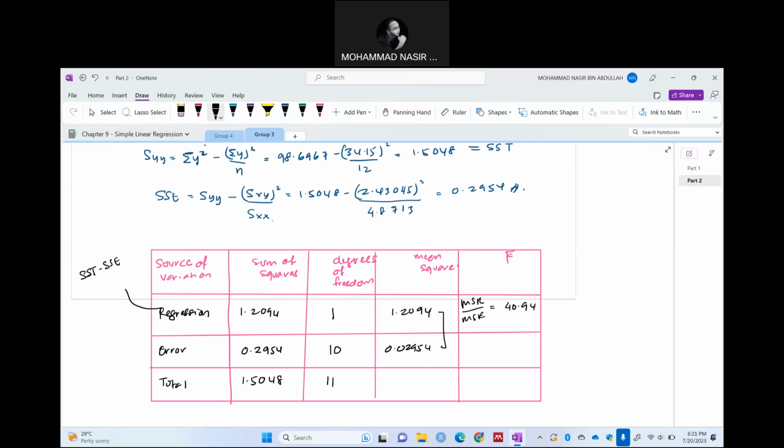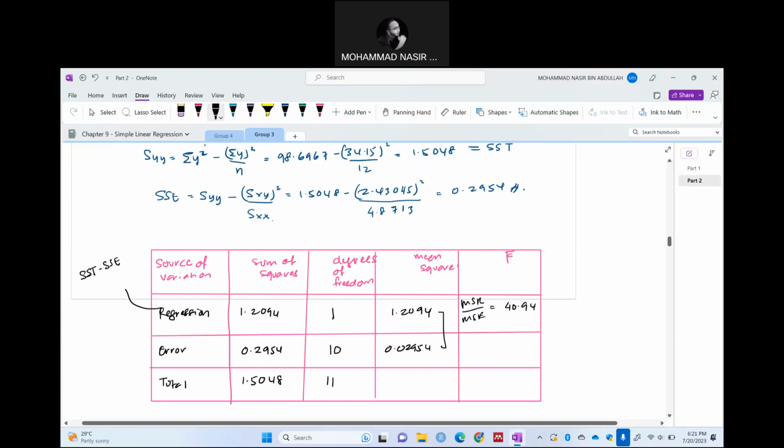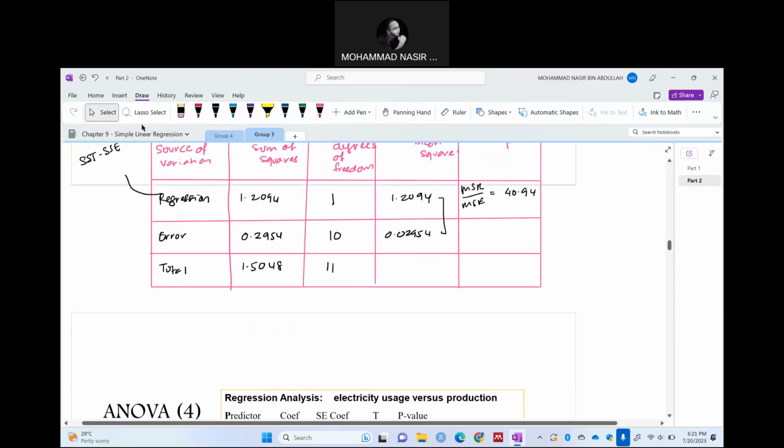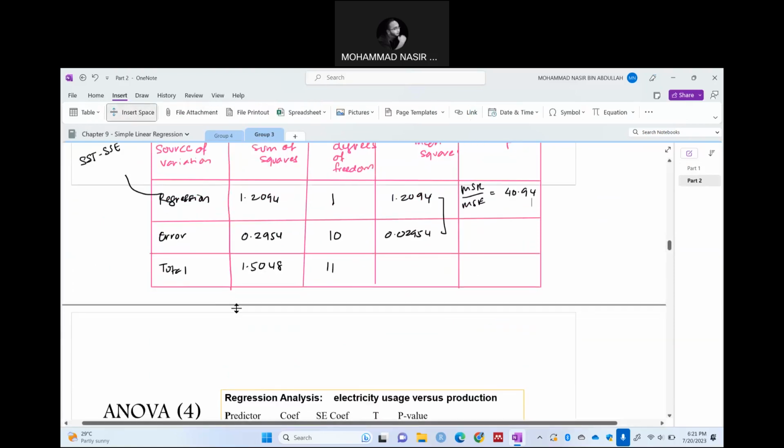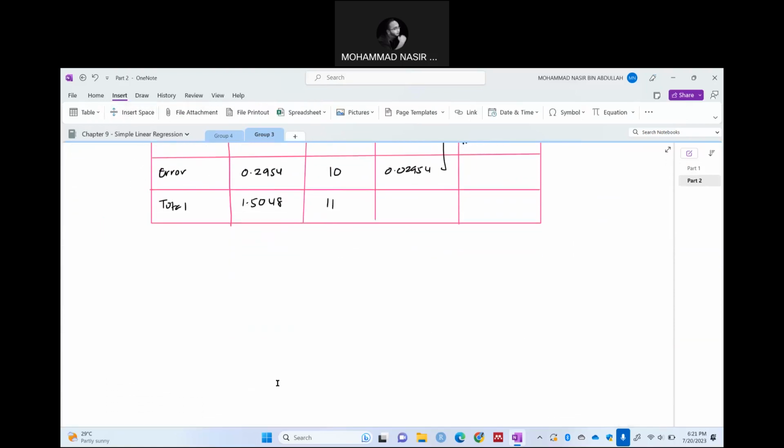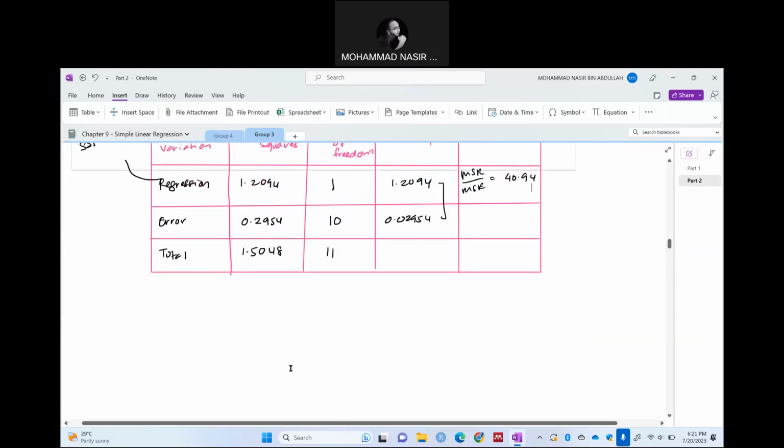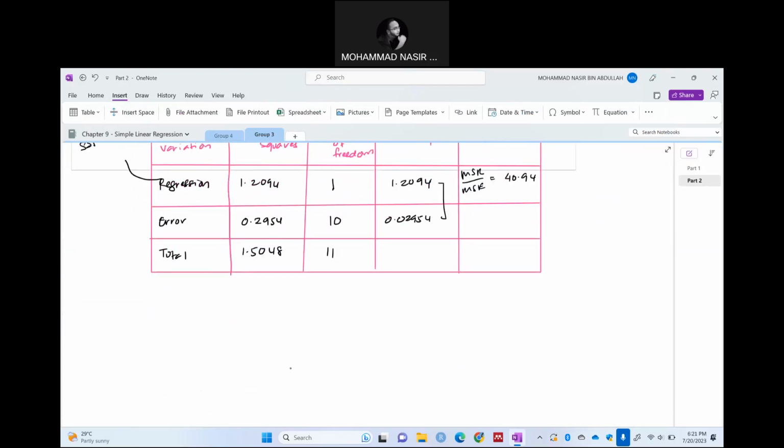Based on the ANOVA table, we can test whether the model is fit for prediction or not. Null hypothesis: beta 1 equal to 0. Alternative hypothesis: beta 1 not equal to 0.